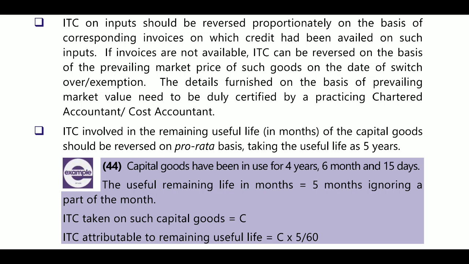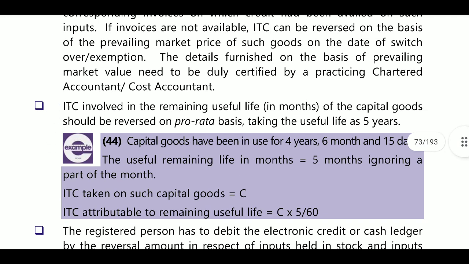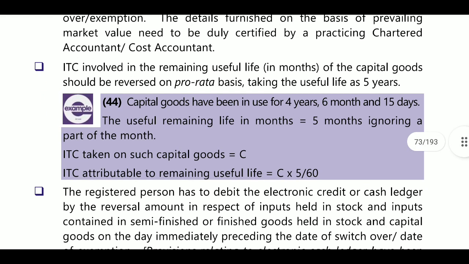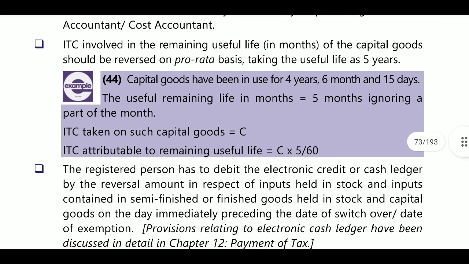If a person goes for capital goods, reversal is on a pro rata basis pertaining to remaining useful life, taking life as 5 years. Here, example number 44: capital goods have been used for 4 years, 6 months and 15 days. So what is the life of use? 4 years, 6 months, 15 days was used.